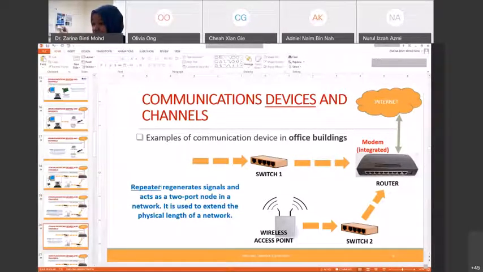We can have a repeater as well. Maybe some of you have read about computer networking, so you will come across the word repeater. So what does a repeater do?